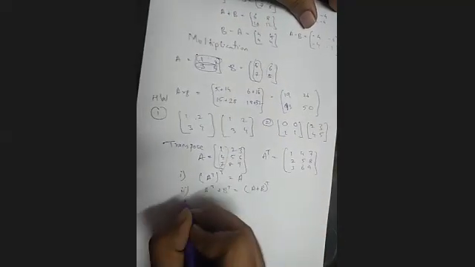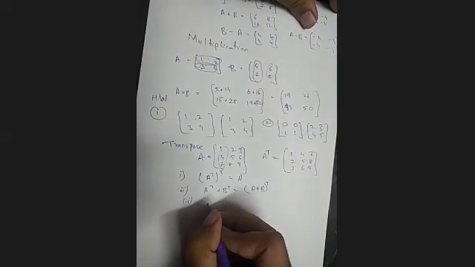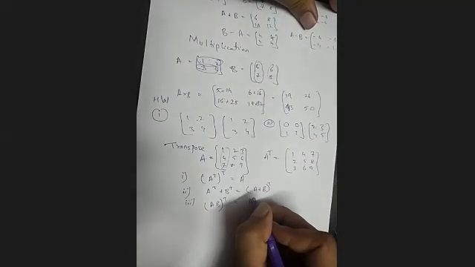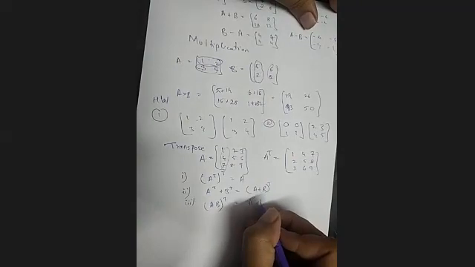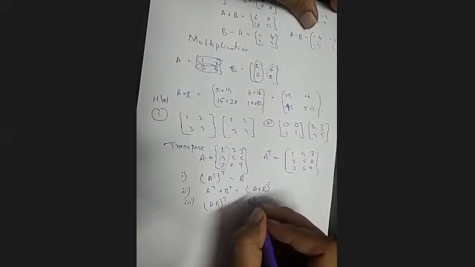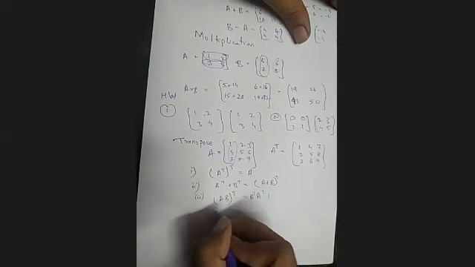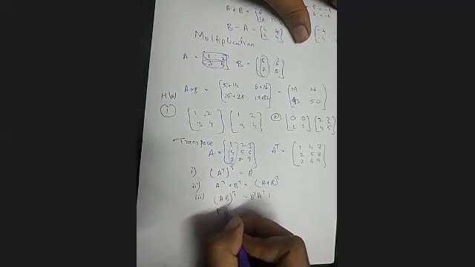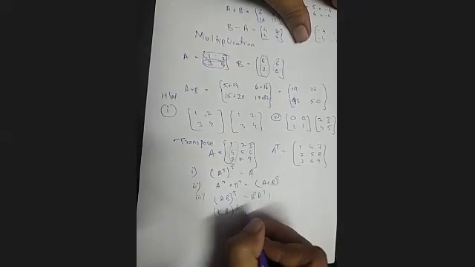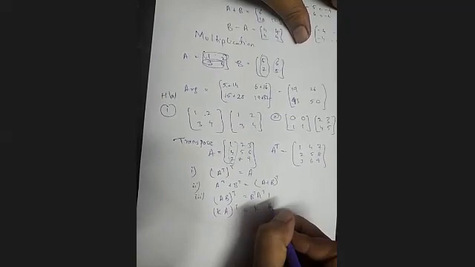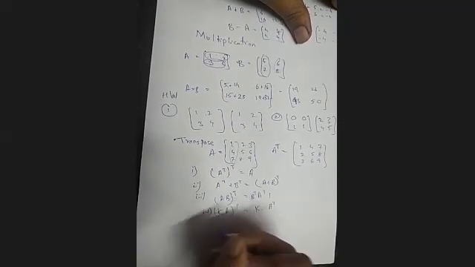Now, A B whole transpose will be equal to B transpose into A transpose. Next, K is a constant. K into A whole transpose is equal to K into A transpose.